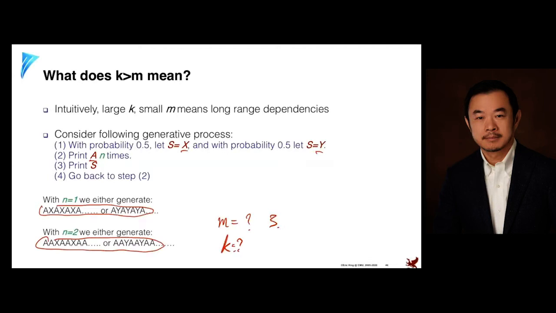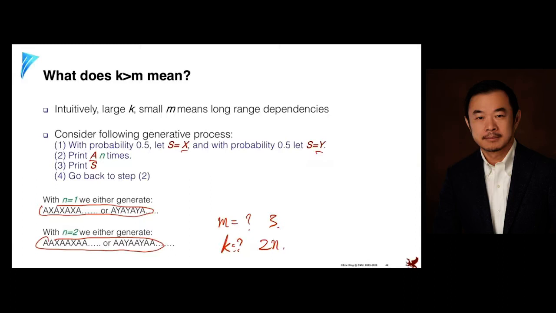K equals 2? Really? Then how can you account for the number of A's that appeared in the observation? Right. So K is actually in here 2n.